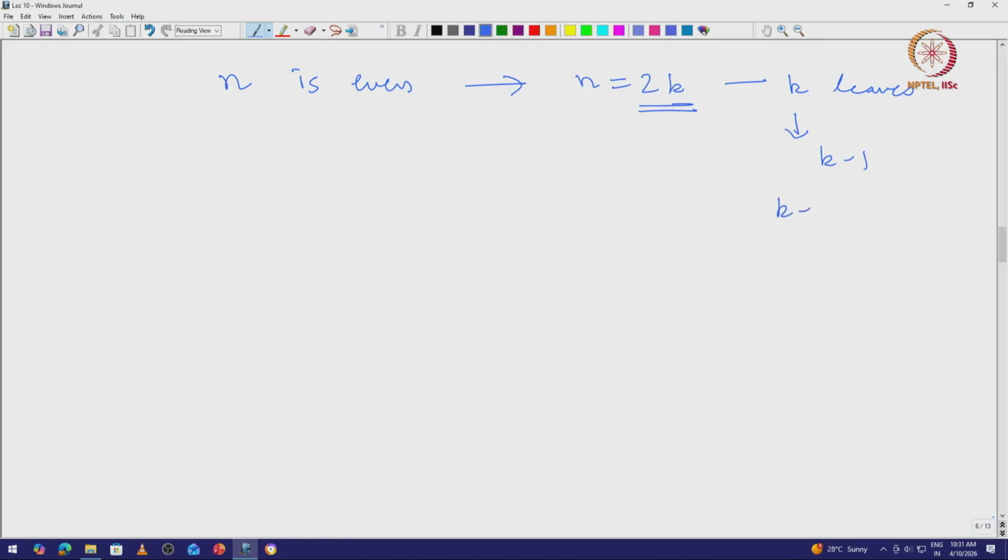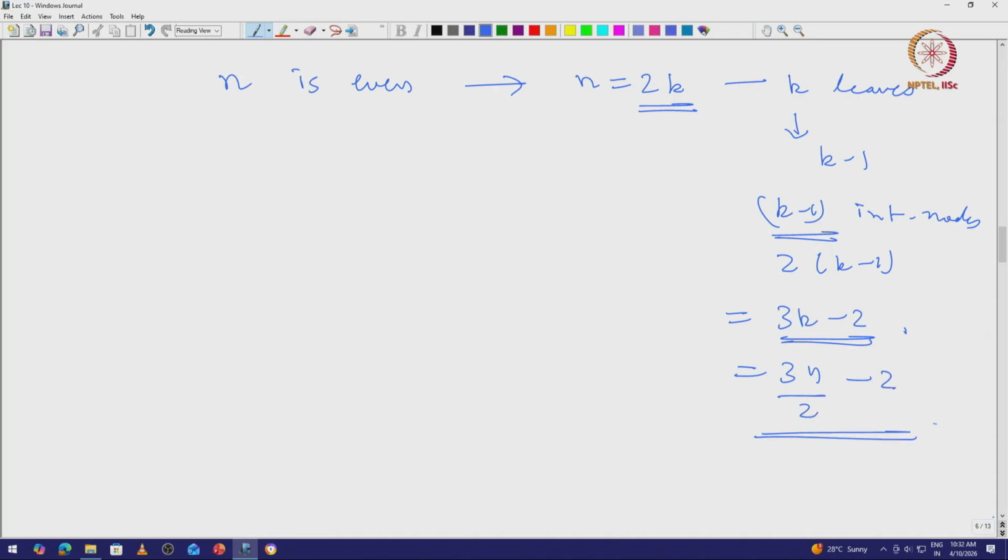There will be k minus 1 internal nodes. The complexity will be 2 times k minus 1. Therefore, the total complexity will be 3k minus 2. But k is n by 2, that is equal to 3n by 2 minus 2.